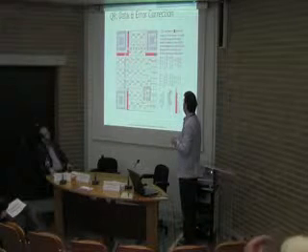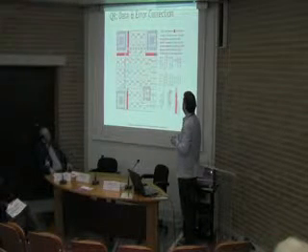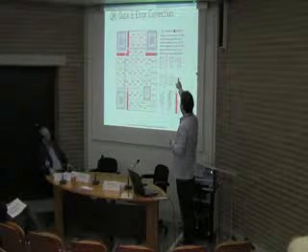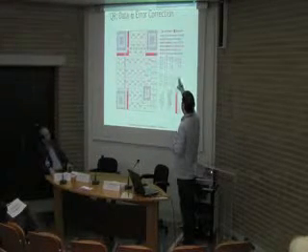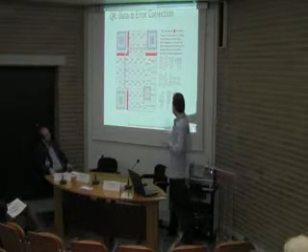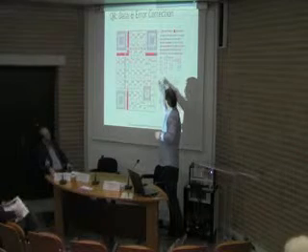Let's see where the data is stored. Here is the message data. You can see it's from D1 to D13 and from D14 to D26. You can see this is D1, D2, D3.